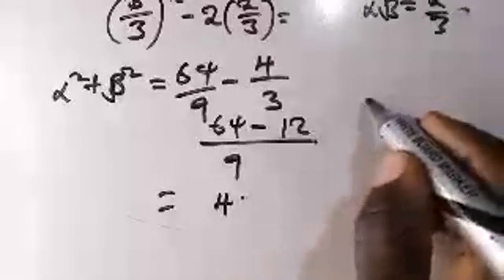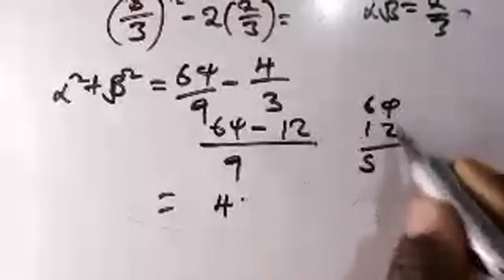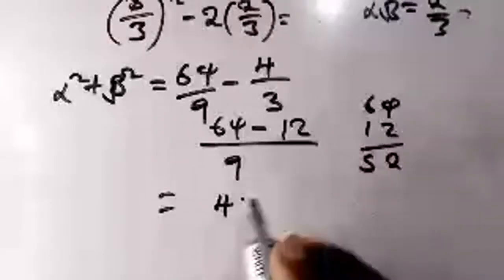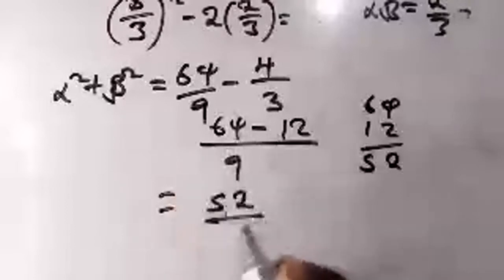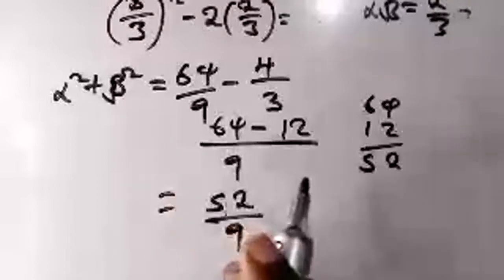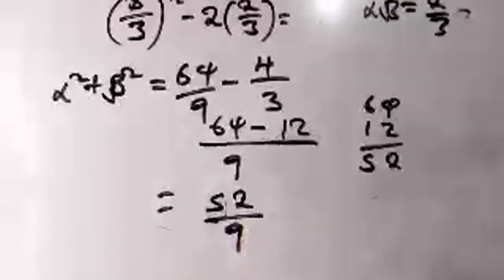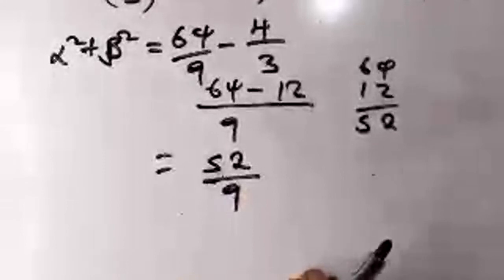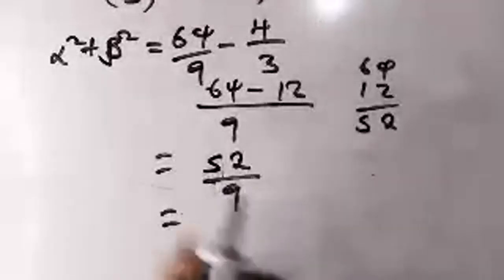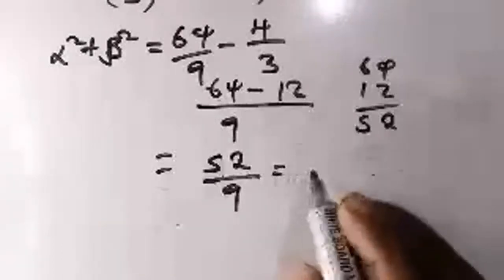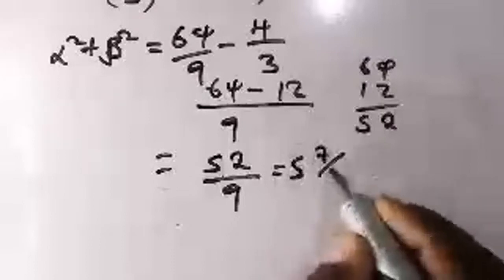Let's do it here. 64 minus 12 is 52. So we are going to have 52, right? This is 52 over 9. Then 52 over 9, 9 into 52, it is 5 whole number, 7 over 9.